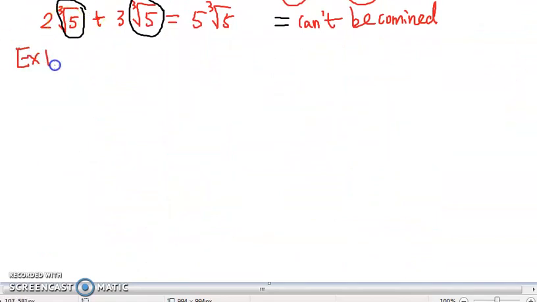Example 1. We are going to, let's say, add 2 square root of 45 over 3 plus, say, 3 square root of 20 over 5, and we can do a minus.